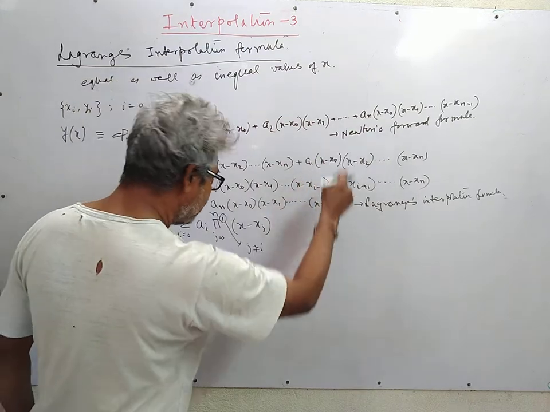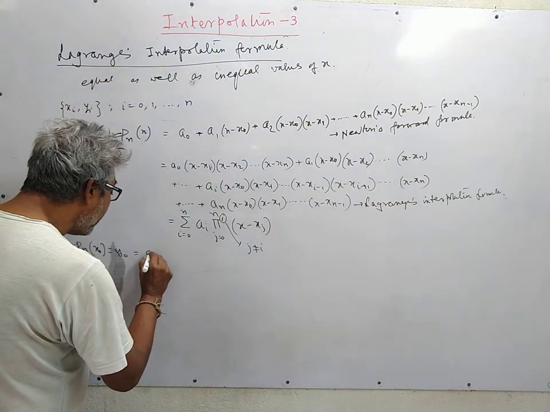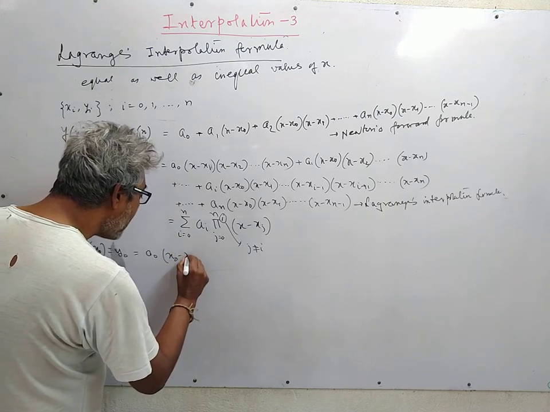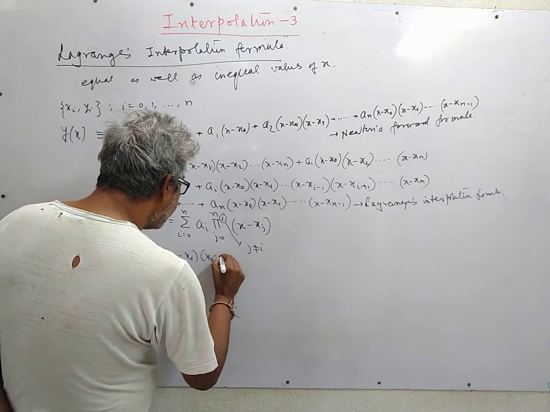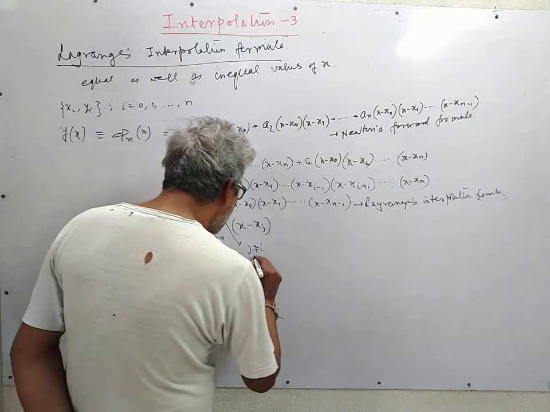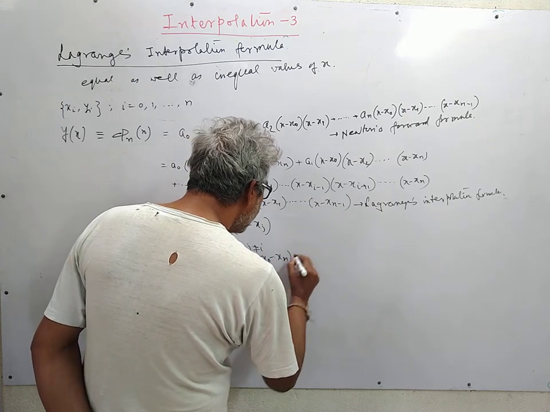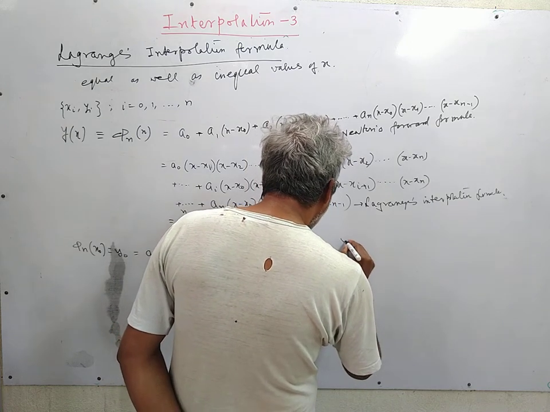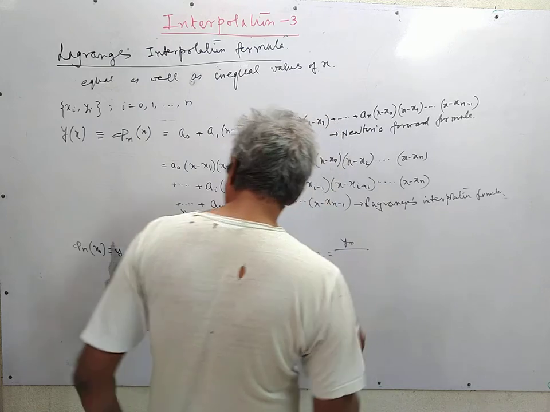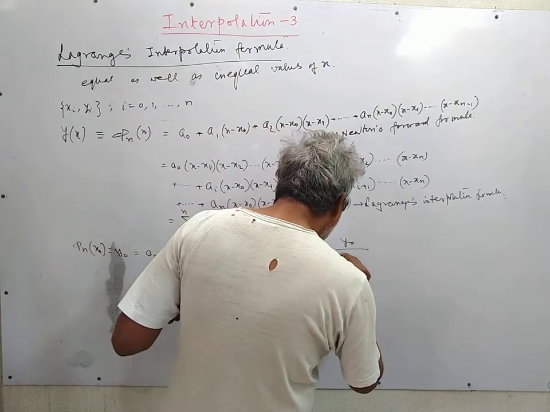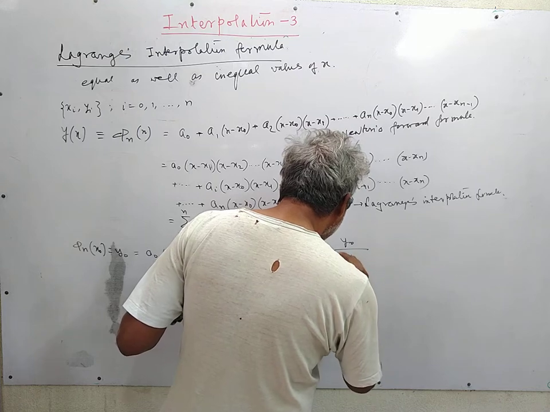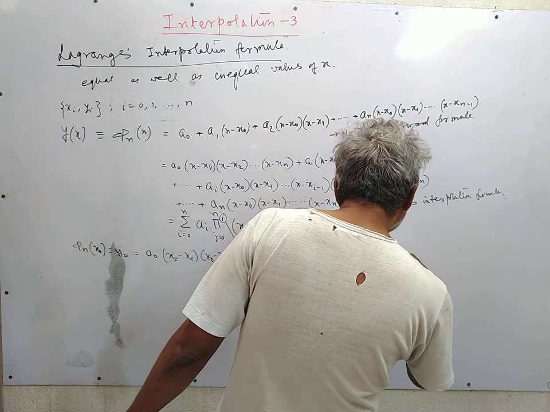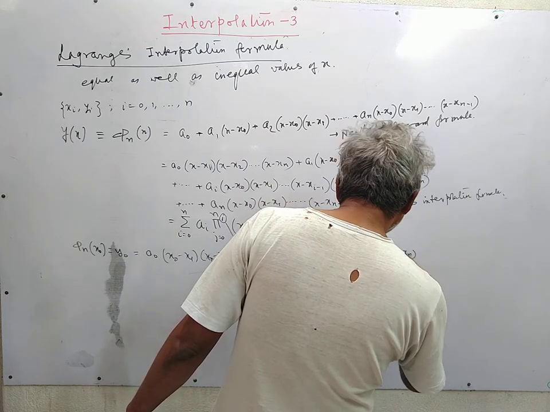So at x equal to x0 they become 0, and we get a0 is equal to y0 divided by x0 minus x1, x0 minus x2, right up to x0 minus xn.